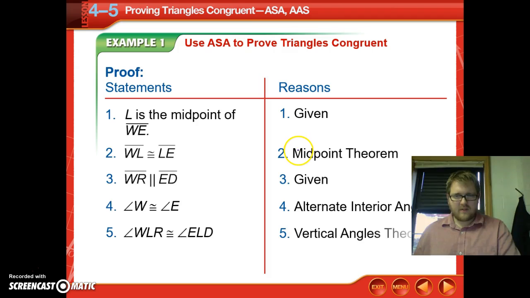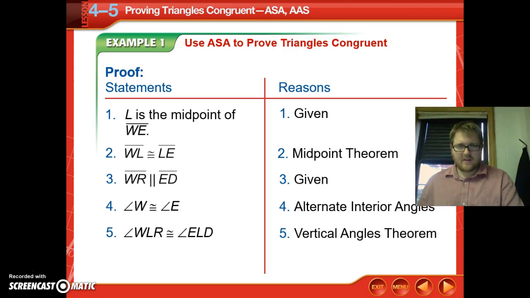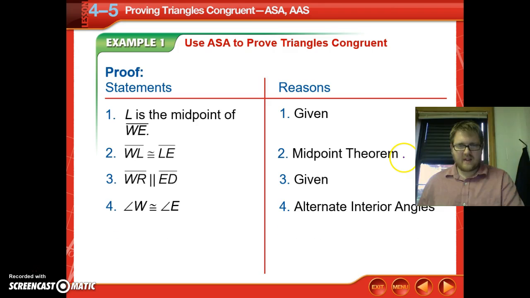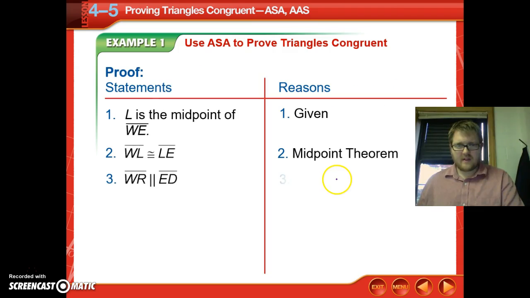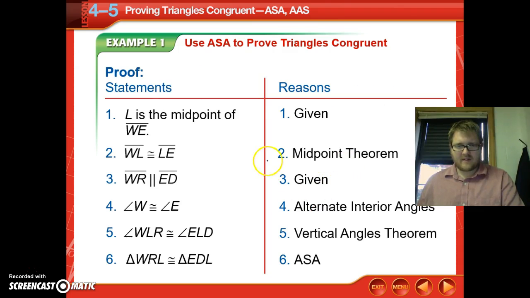Finally, we know through vertical angles that angle WLR is congruent to angle ELD. These two angles are equal. We have angle, side, angle of each that are congruent, so that proves that the two triangles are congruent.